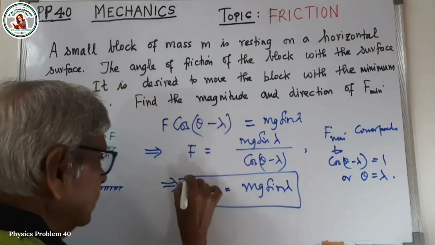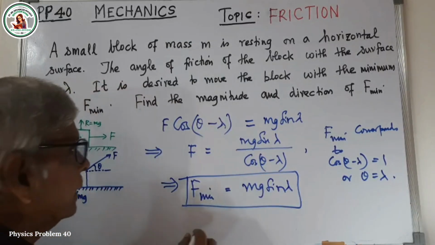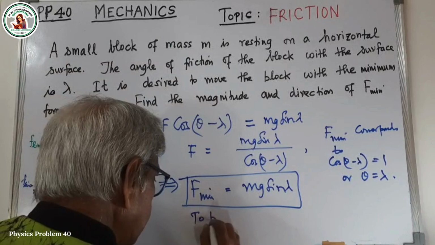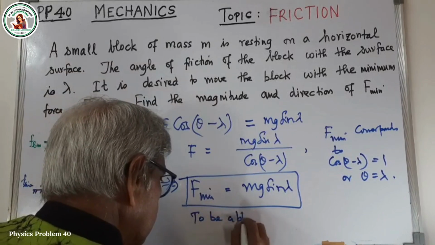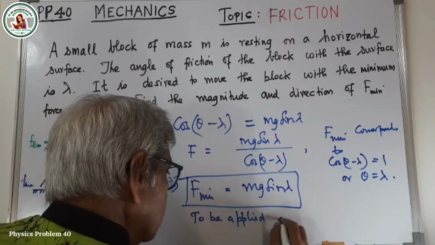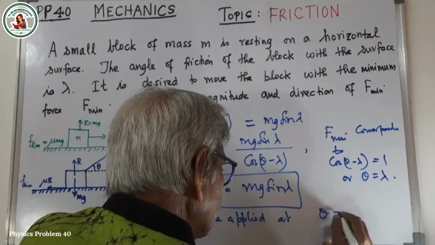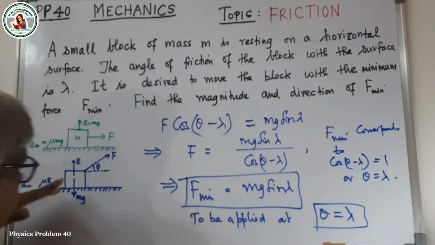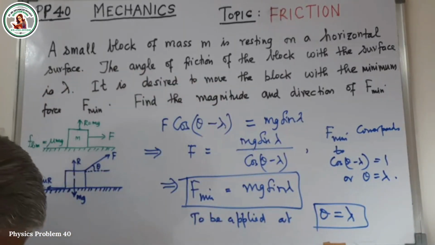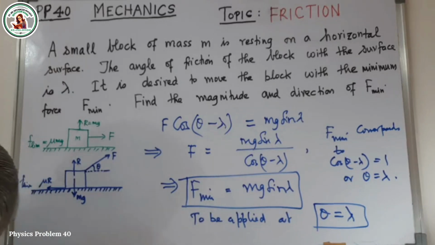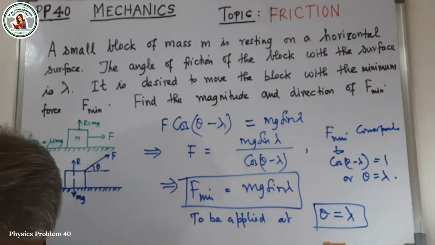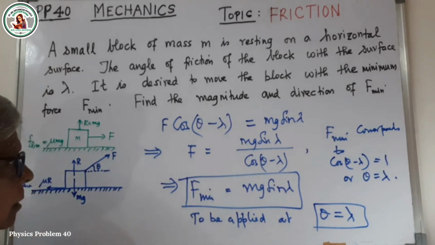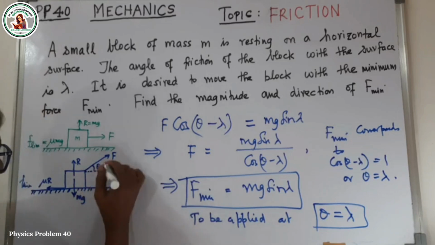This is the minimum force that we require, to be applied at angle theta equal to lambda. That is the angle of friction. At the angle of friction, if you apply, this force required will be minimum.